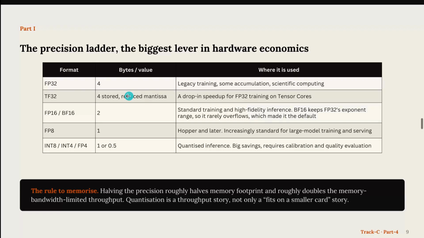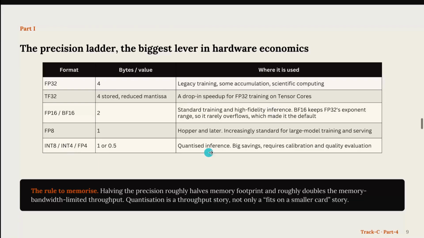Floating point 16 bit, which is 2 bytes, is for typical standard training and high fidelity inference. Many of the LLMs that we see today are on floating point 16. FP8 is 1 byte per value, which is Hopper and later, increasingly standard for large model training and serving.